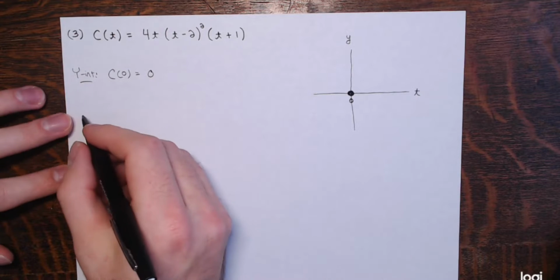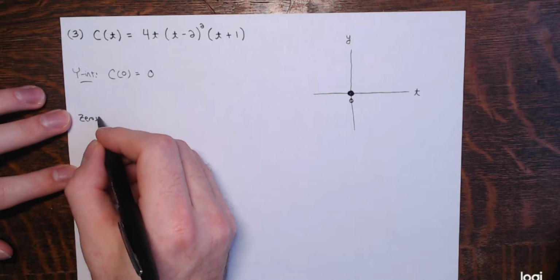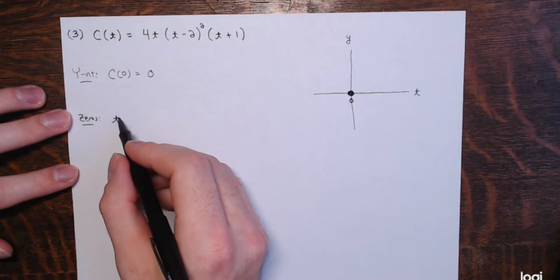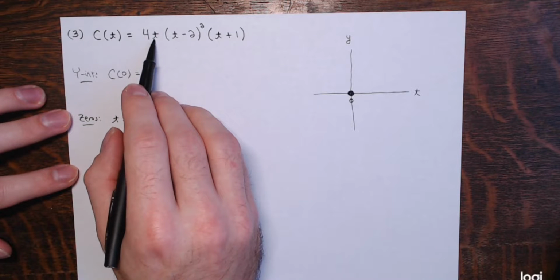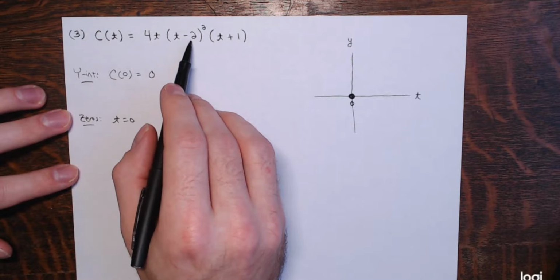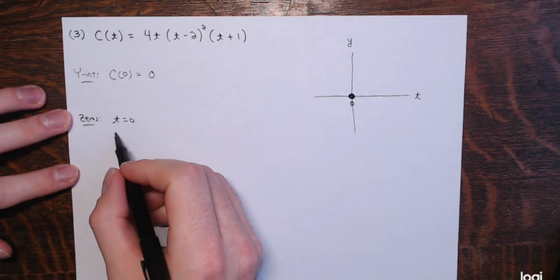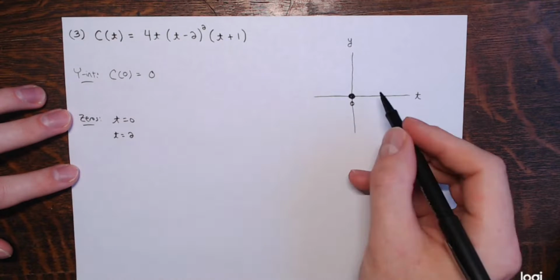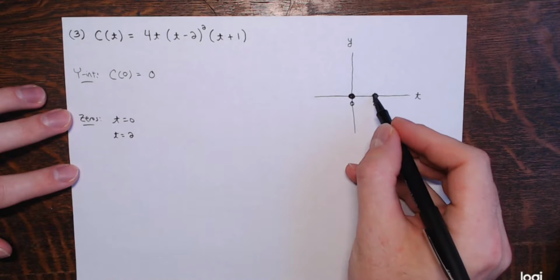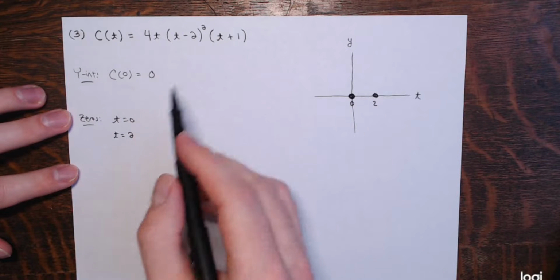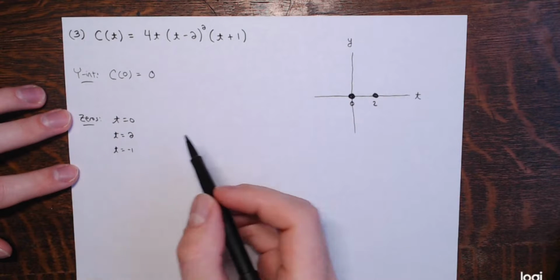So find the zeros, the t-intercepts. Well, t equals 0 is one of them. That makes this factor 0. T equals 2, right, this factor t minus 2, that will make that 0. So you'll have 2, 0 on it as well. And t equals negative 1. Again, I'm hoping it's obvious after that first example.